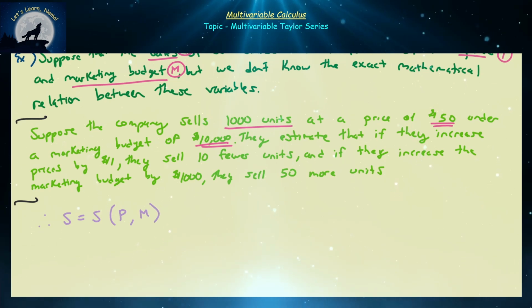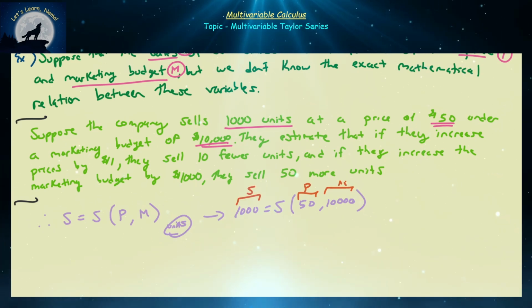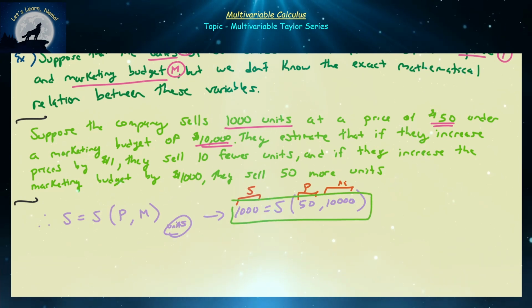Actually, sales would be in units, right? So from this first piece, we're going to have 1,000 sales equal to S evaluated at 50 for price and 10,000 for marketing budget, right? So there's our price, there's our M value, and there's our S value.